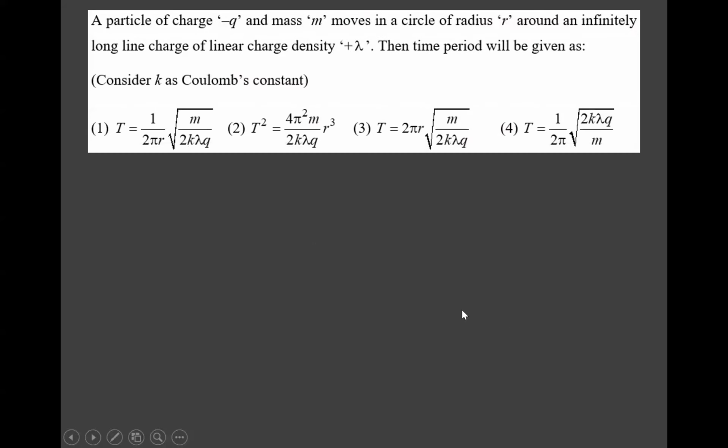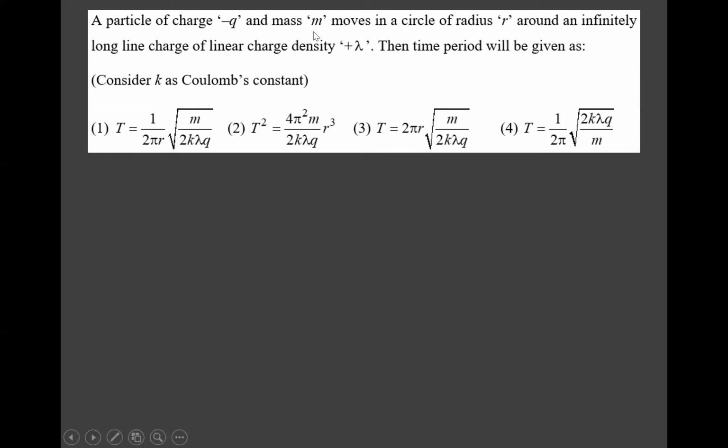Now see here, in the question it is given to you, a particle of charge minus q and mass m moves in a circle of radius r around an infinitely long line charge of linear charge density plus lambda. So here this line charge distribution is a positive charge distribution, and the particle has charge minus q.